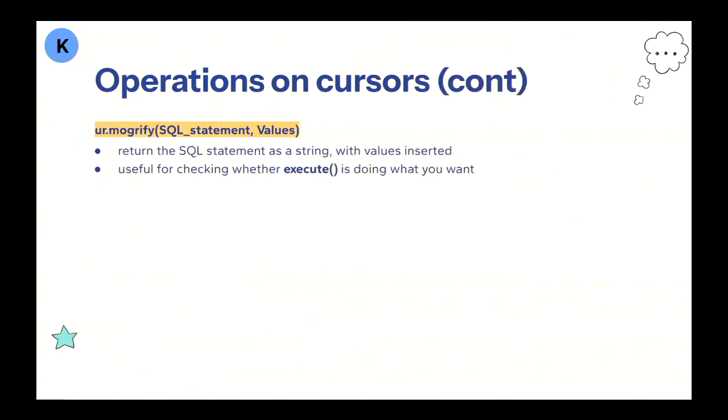And as you may see, the conversion from statement plus values into one statement is handled by the library, and we don't know what the final statement supplied to the database is. And this is a function to tell us what the actual statement generated by the library is before sending it to the database.